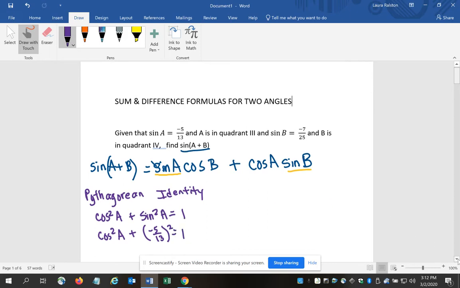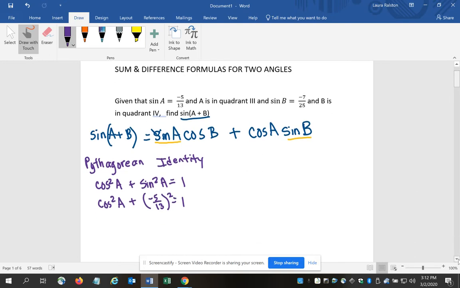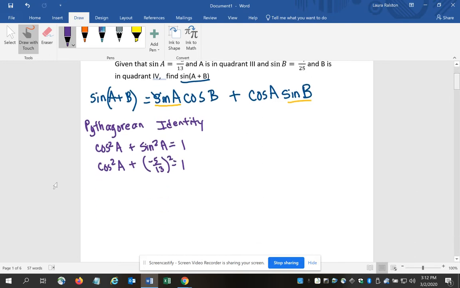Continuing with those calculations, I have cosine squared A plus, and I'm going to square this, -5 times -5 is 25, 13 times 13 is 169, and that equals 1 whole.